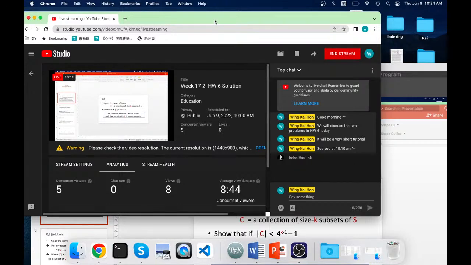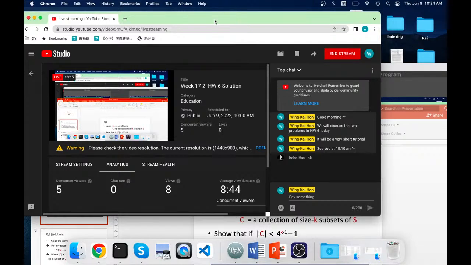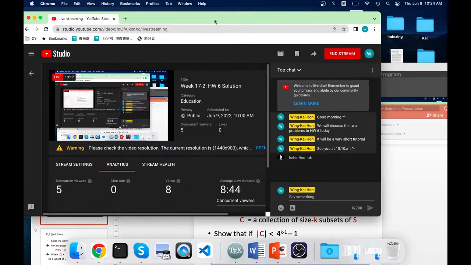Okay, and by the way, please also check the announcement that we have made about the homework 5 tutorial. In the homework 5 tutorial, there was a question, I think question number 4, where the description in the tutorial is not exactly the same as the description in the original assignment paper.